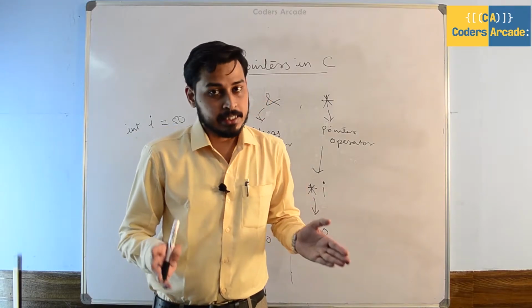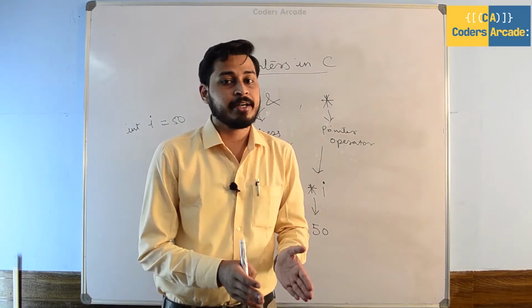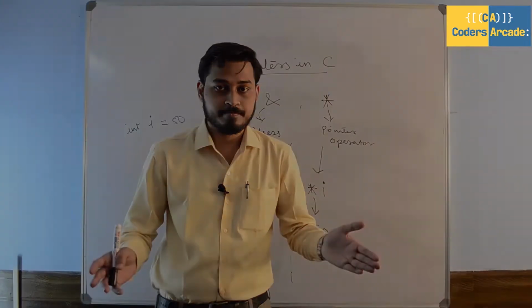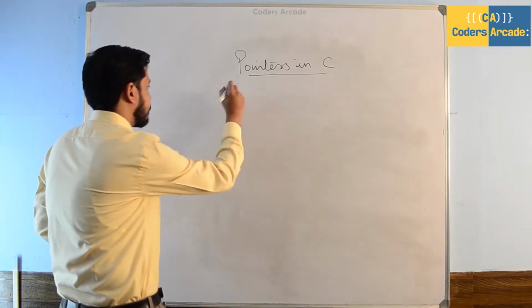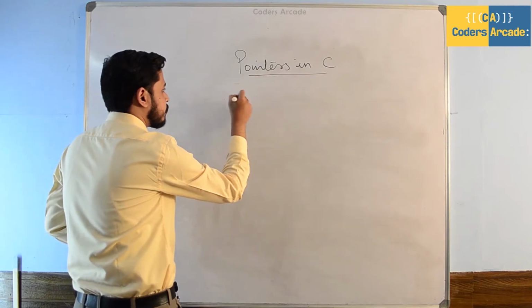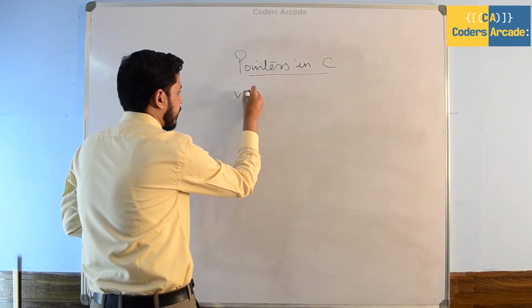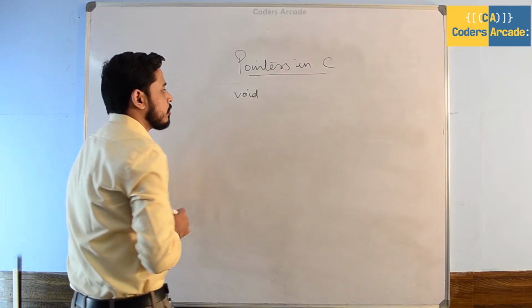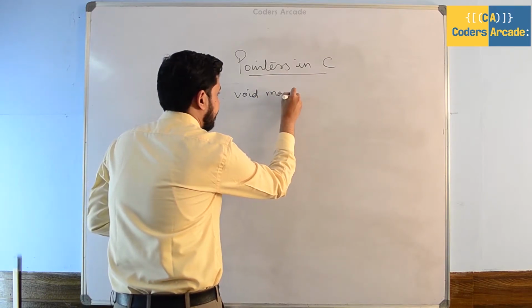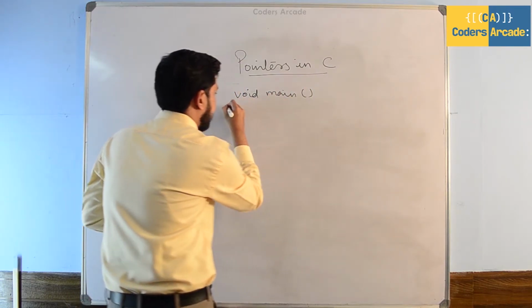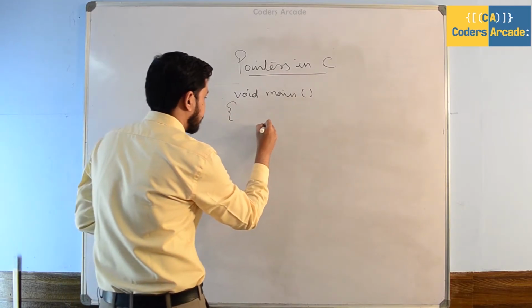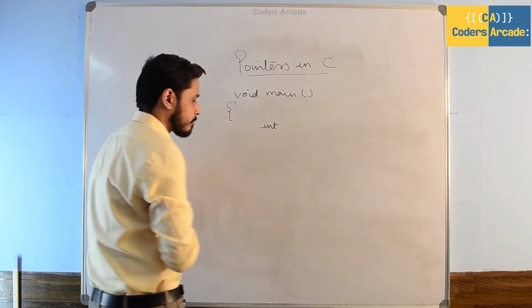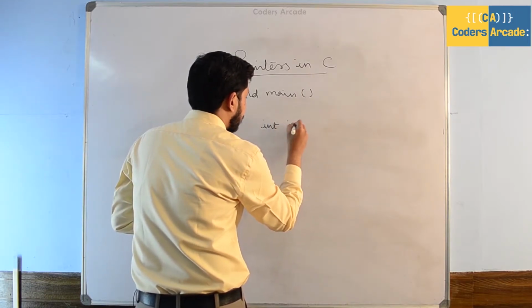Now let's see an example and understand pointer concepts a little better. Suppose I'm going to write a program. We have void main, and inside void main I am going to declare a variable, int i equals to 50.